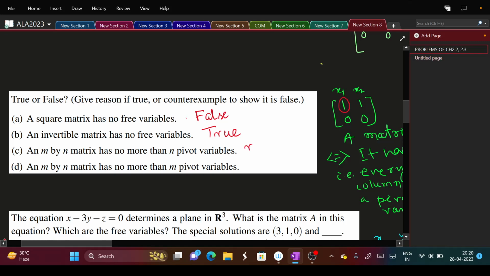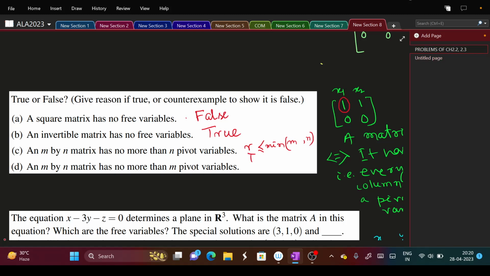So rank r is always less than or equal to the minimum of m and n. So rank r of a matrix, which is equal to the number of pivots in the echelon form of the matrix, is always less than or equal to the minimum of m and n. So naturally rank cannot be more than the number of columns, neither can it be more than the number of rows.